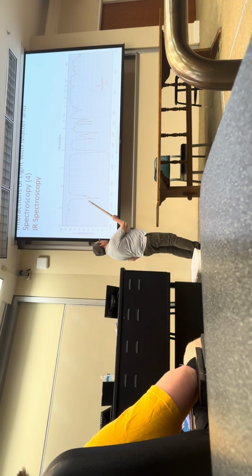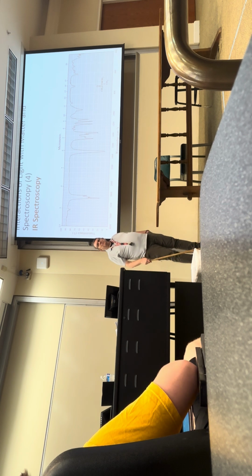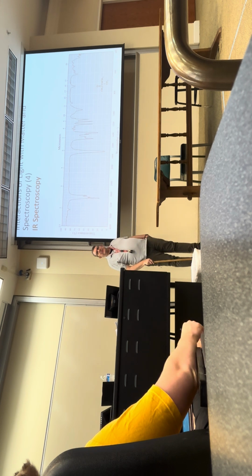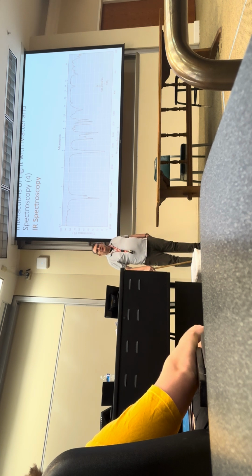Kind of up here in this range, these are typically CH stretches. They're kind of centered on 3,000. So the 3,000 is here. You can see in this case that all the peaks are a little bit less than 3,000. This region is typical for CH bonds.